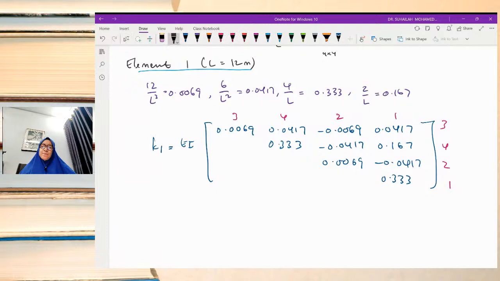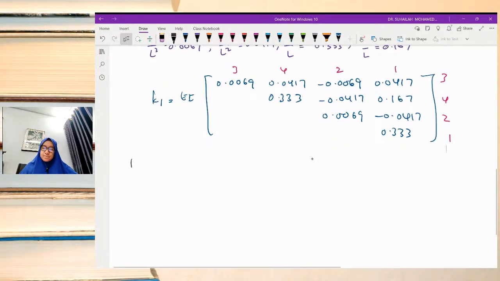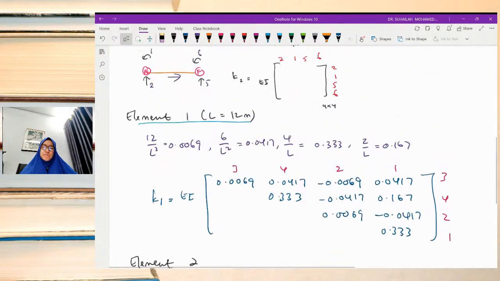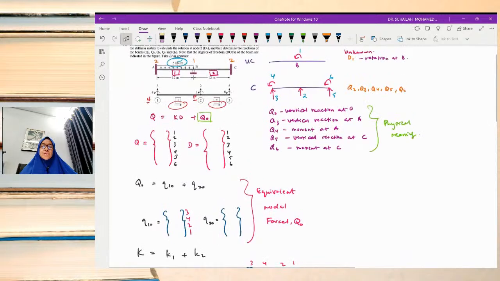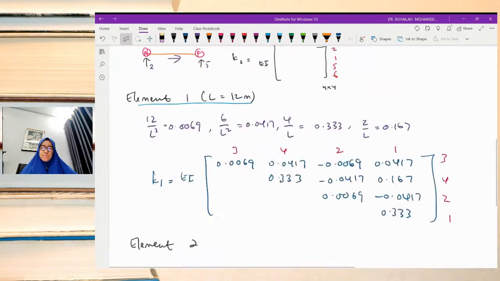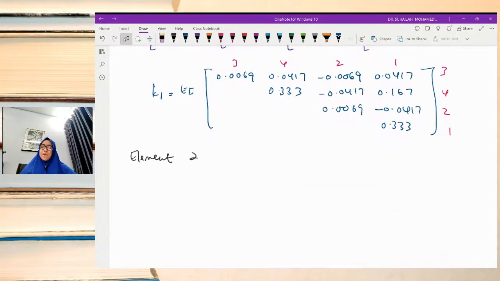Element number 2, if I'm not mistaken, the length is also the same, so I just copy this.